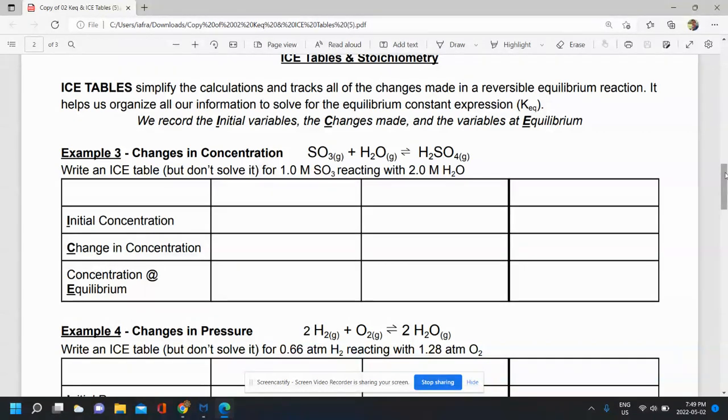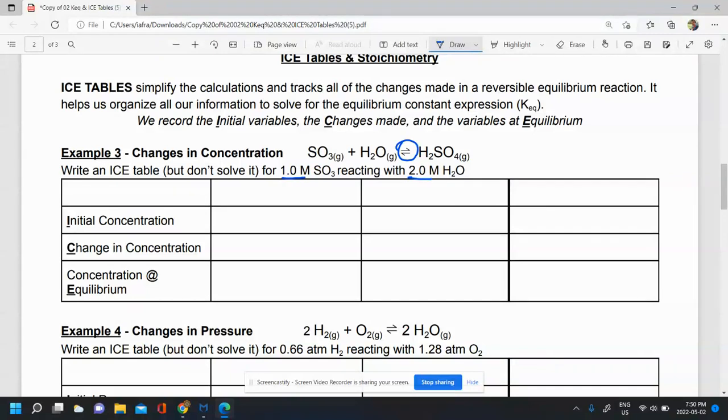So here we have a system that can reach equilibrium. We have SO3 plus H2O gives you H2SO4, and we're told that your initial concentrations of SO3 and H2O are 1 molar and 2 molar over here.